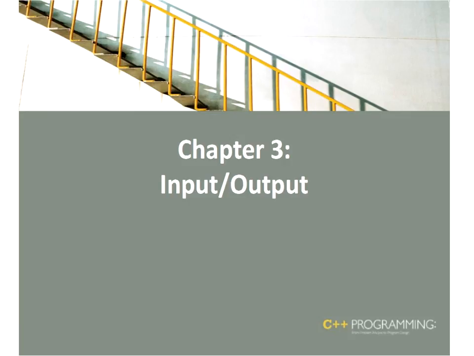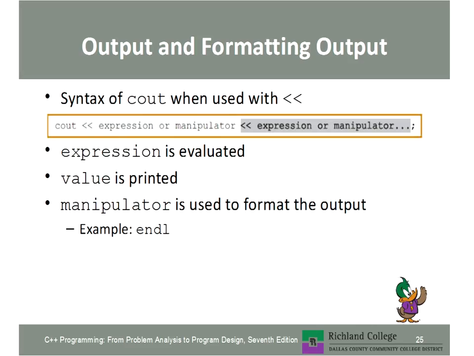So now we also need to look at output. The output is based on the cout. Cout is basically the ostream variable, right? Now that ostream variable can handle expressions or it can handle manipulators.